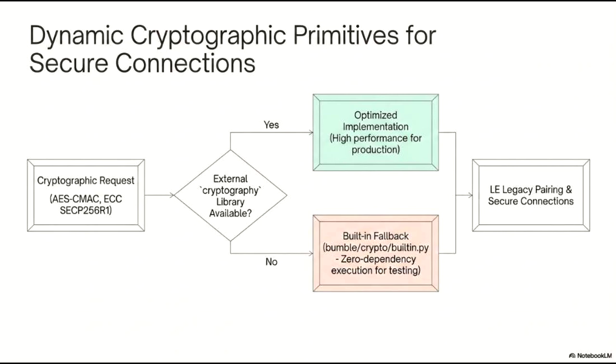Conversely, if the library is unavailable, the system seamlessly transitions to a built-in fallback located in bumble/crypto/builtin.py. This fallback ensures zero-dependency execution, which is ideal for testing purposes. Both paths ultimately lead to the successful establishment of LE legacy pairing and secure connections, providing a robust and flexible architecture for various deployment scenarios.